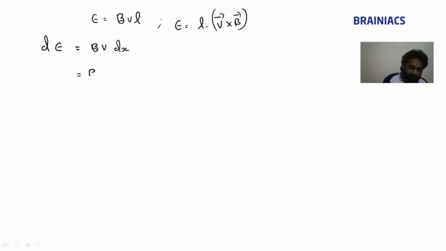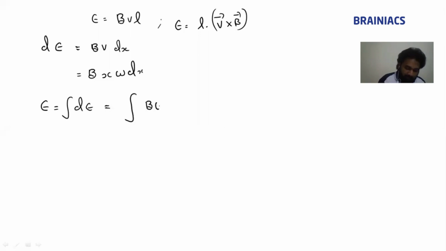V can be substituted, so B into x omega dx. Now the total emf is the summation or integration of the small emf, which is the integral of B omega x dx. Here B omega are constant, and x dx is the variable.